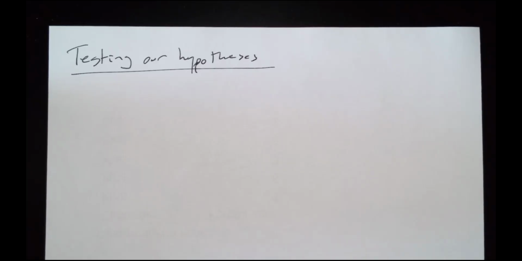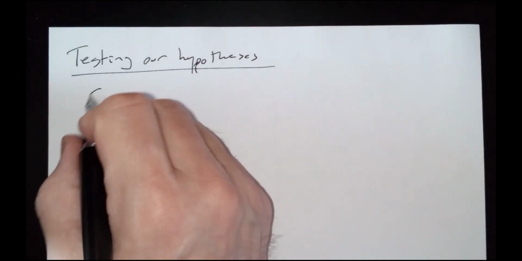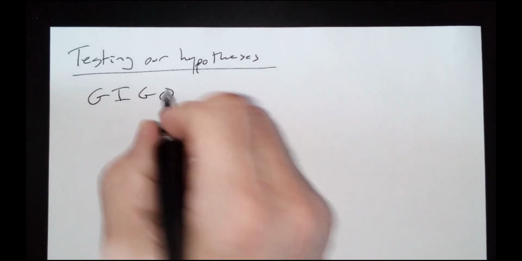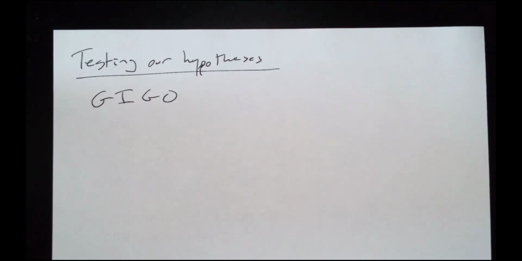One of the most difficult things to do is to make sure you have as complete a picture as you can, because there's a very important acronym when dealing with data analysis. What's this stand for? This is something to beware of.